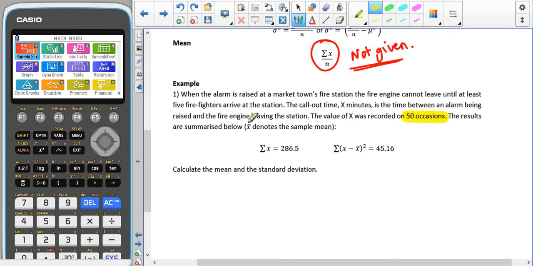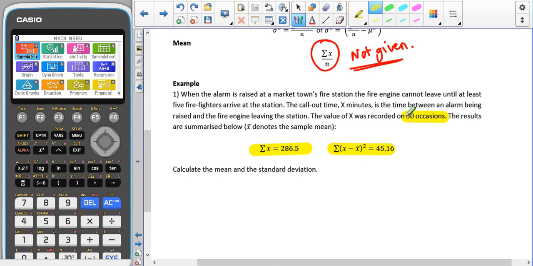The results are summarised in the data below. So we've got the sum of X being 286.5 and the sum of X minus X bar, where X bar denotes the sample mean, all squared, is 45.16, and we're trying to calculate the mean and the standard deviation.